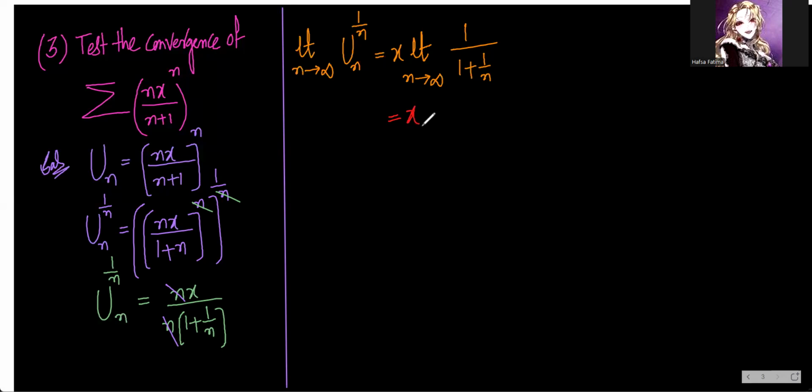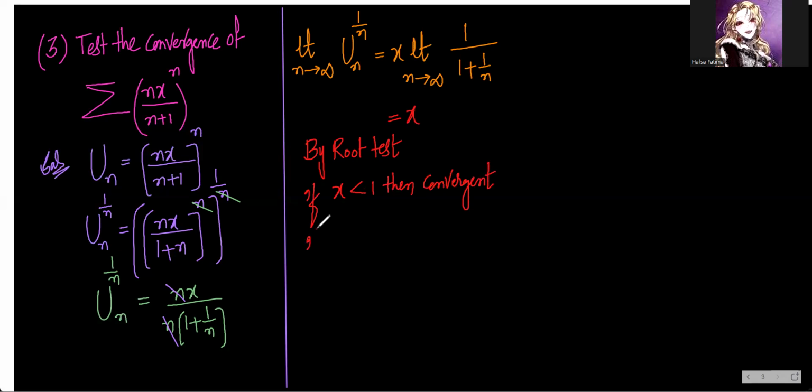But we cannot say that it is convergent or divergent yet. So we have to connect all three statements by the root test, or simply you can write Cauchy's root test. If x is less than 1, then convergent, because we have already mentioned in our statement that less than 1 is convergent.